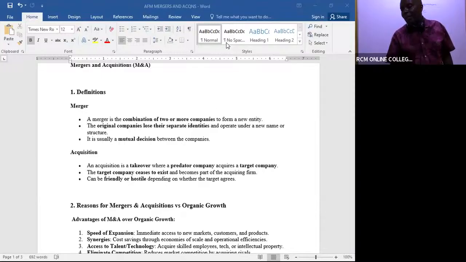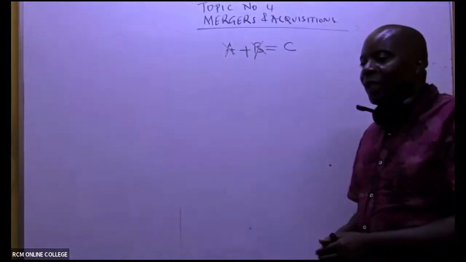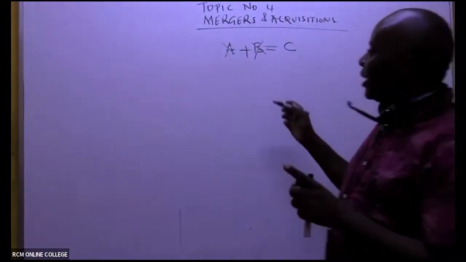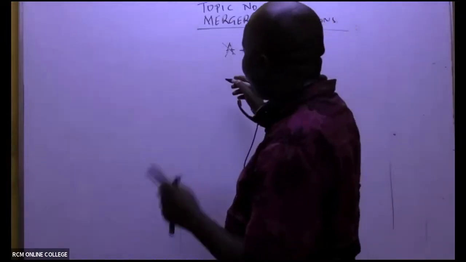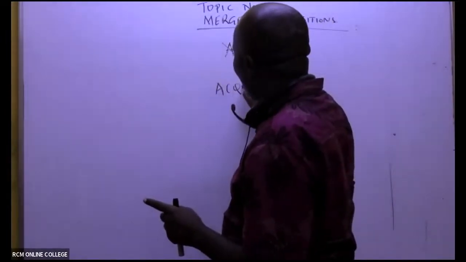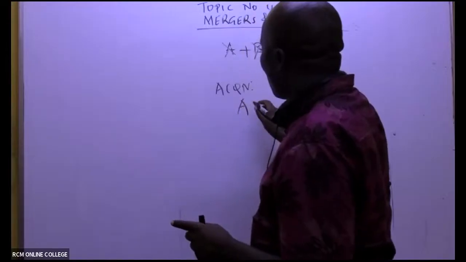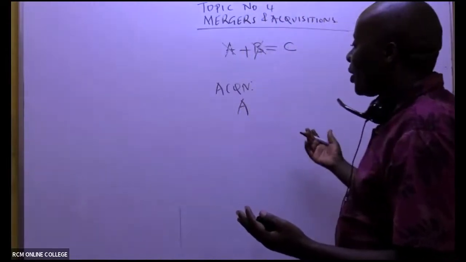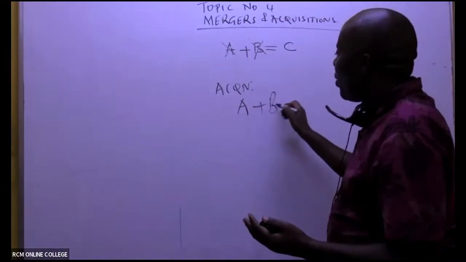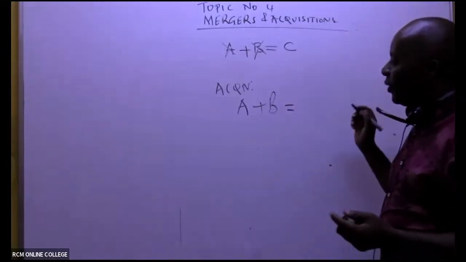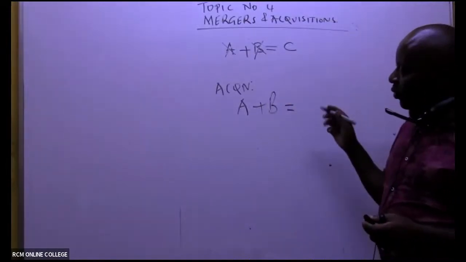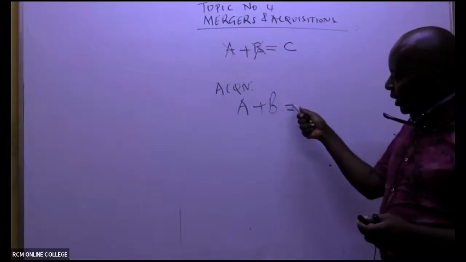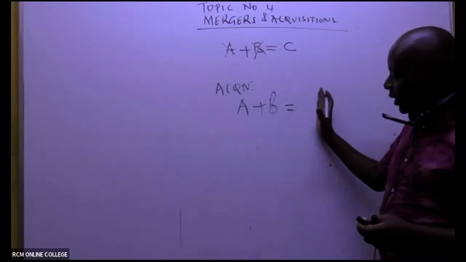Now, ladies and gentlemen, please listen to me very well. For acquisition, what do we have? We have swallowership, because in this case A is swallowing B. Can somebody give me this? If A has acquired B, what do you expect to have on this side?